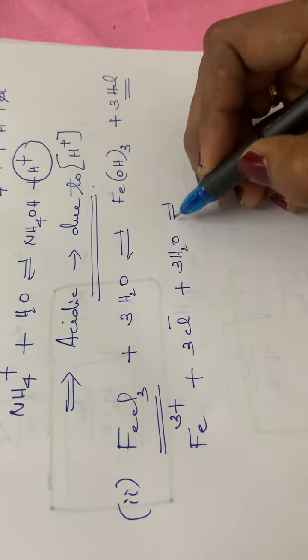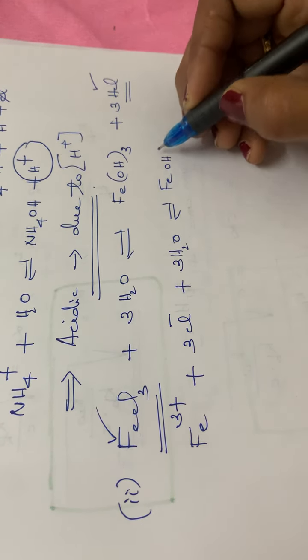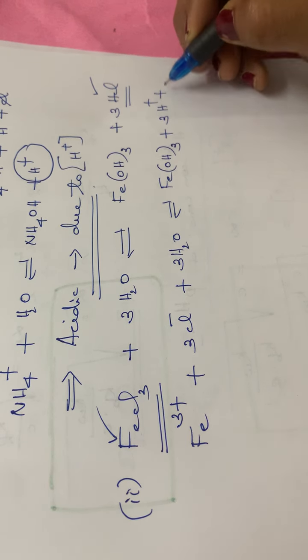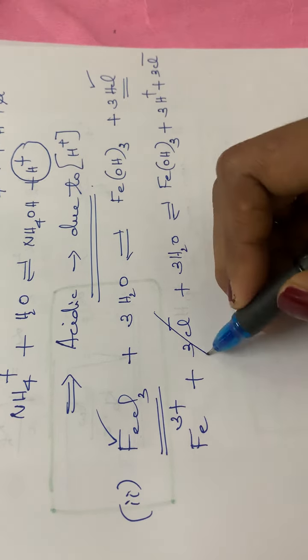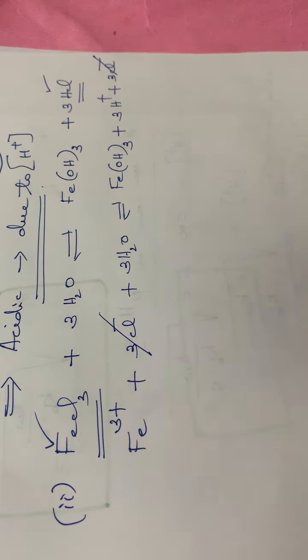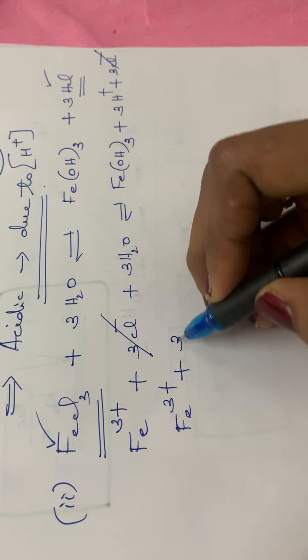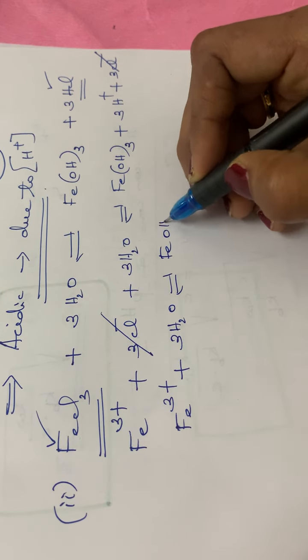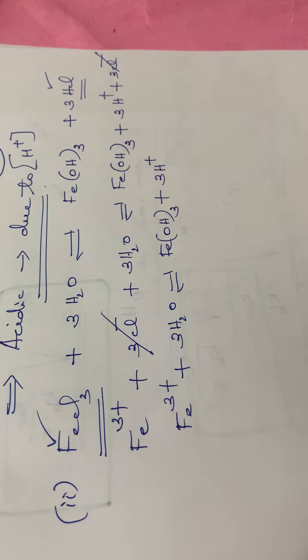Okay, so these two parts will be ionizing completely, giving FeOH thrice, which will remain as such, plus 3 H plus and 3 Cl minus. Here the 3 Cl minus will cancel each other. So the resulting will be Fe3 plus plus 3 H2O, giving FeOH thrice plus 3 H plus.